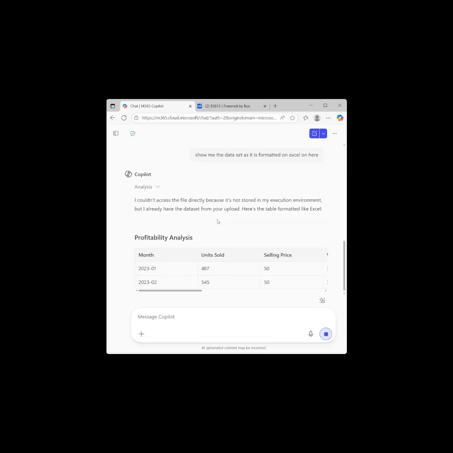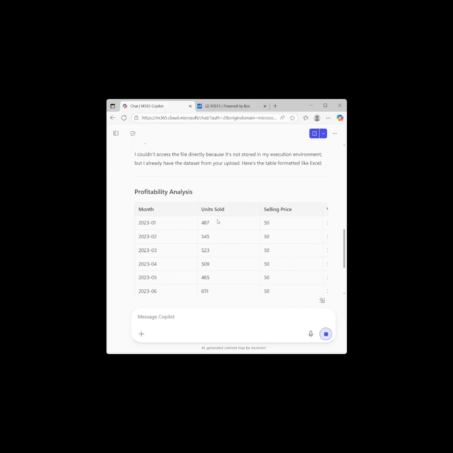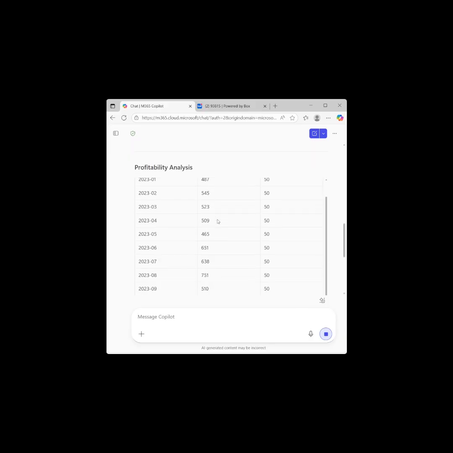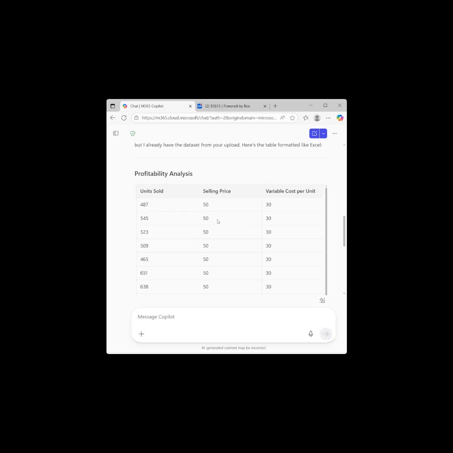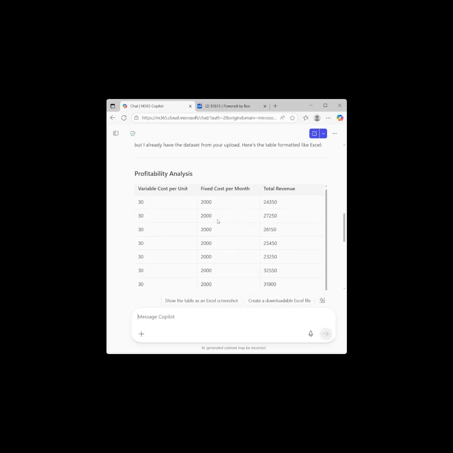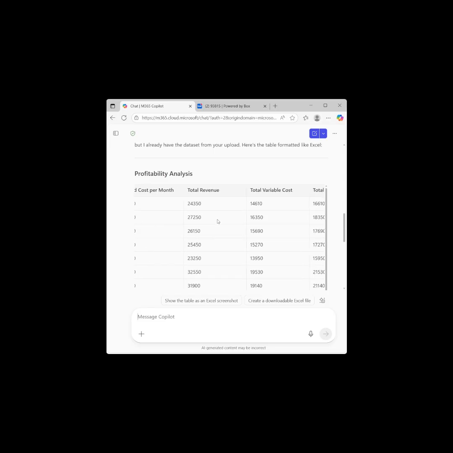Alright, so it gives us the data set, which is perfect. It's going to be all of our variable cost, fixed cost, total revenue, and profit at the end.